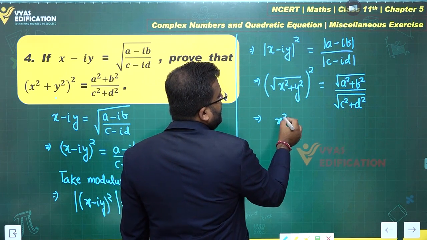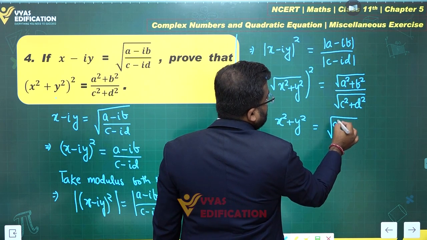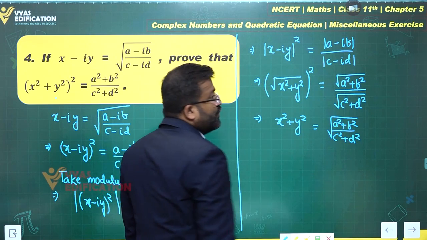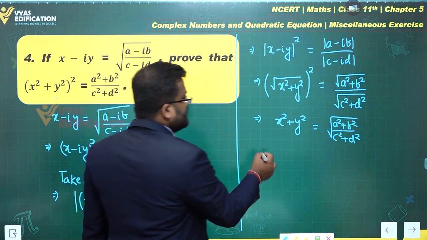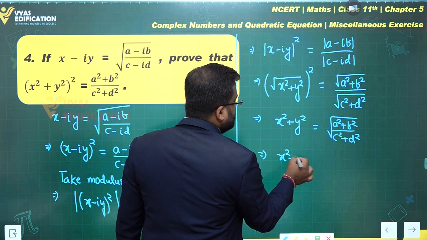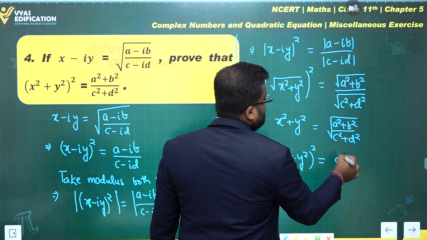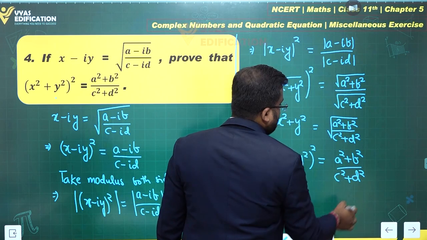What you get is x square plus y square equals under root of (a square plus b square) by (c square plus d square), and you may now observe getting the final result in a single shot, that is squaring both sides. You will get (x square plus y square) whole square is equal to (a square plus b square) over (c square plus d square).